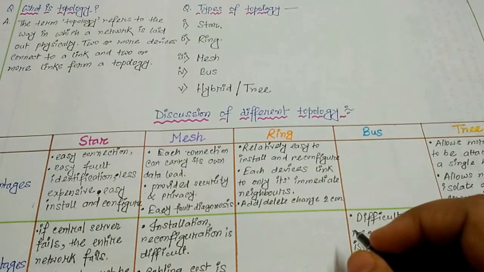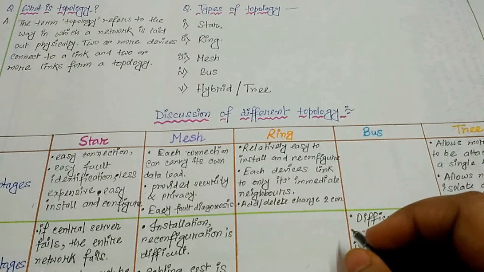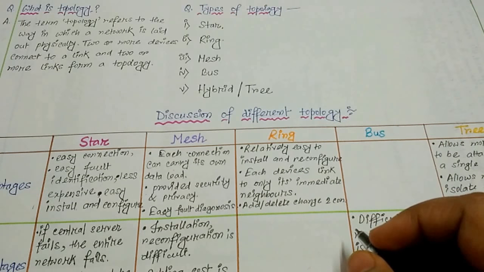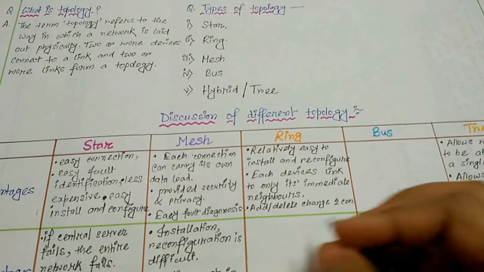In a simple ring, a break in the ring can disable the network, but it can be solved by using a dual ring.